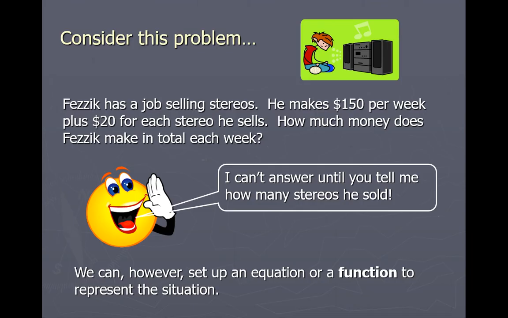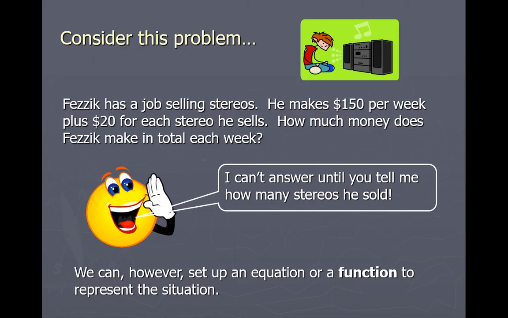y equals something. The only rule is every x value can only have one y value. Do you agree by looking at this? It's going to be a function. Once we figure out how many stereos he sold, like 5, he's not going to get 2 different answers for how much he makes. For every number of stereos, there's one pay he gets. He doesn't get different kinds of pay.